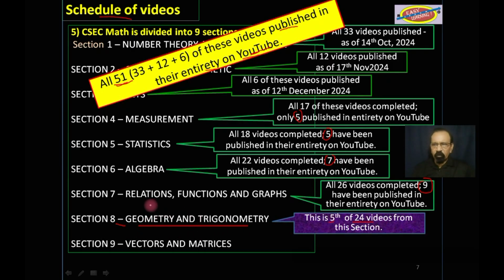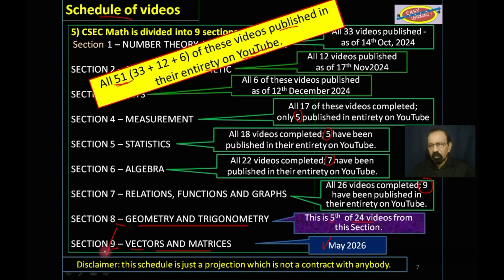And of course, after we finish that, then we will have to go on to section 9, vectors and matrices. Hopefully by the end of May, maybe June 2026. Please note this disclaimer down here. This schedule is just a projection which is not to be interpreted as a contract with anybody.